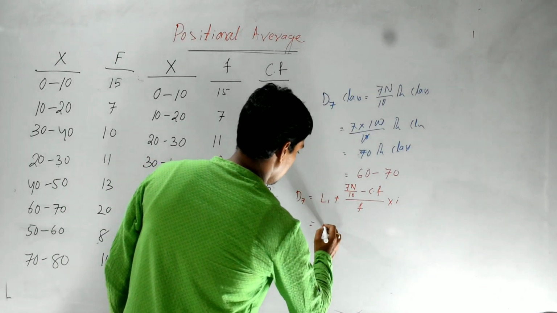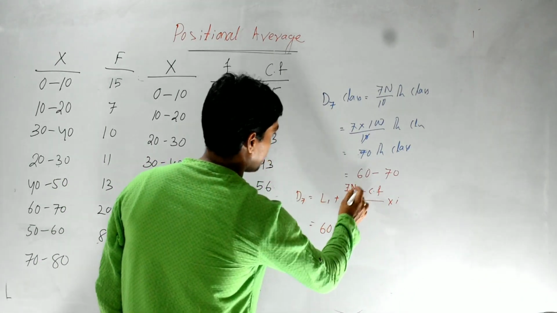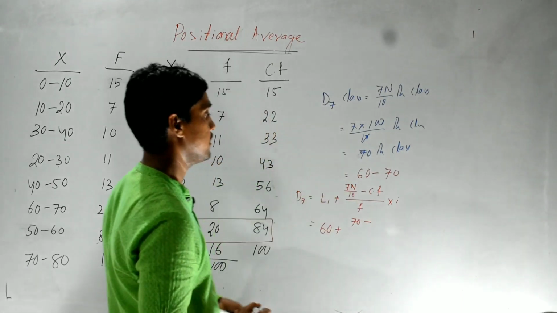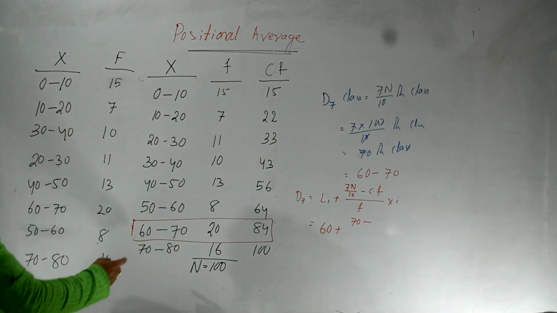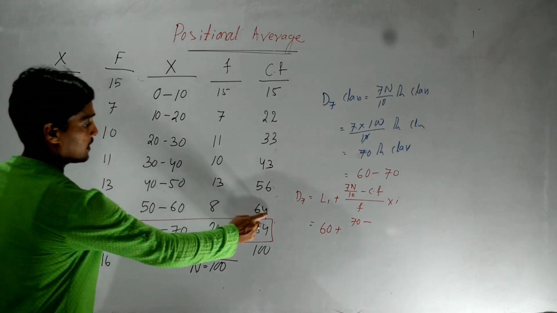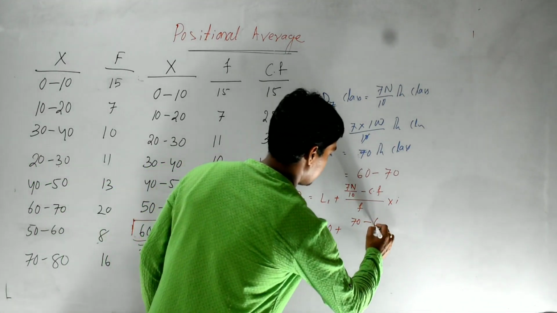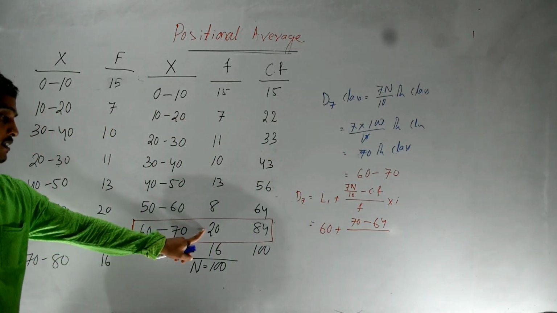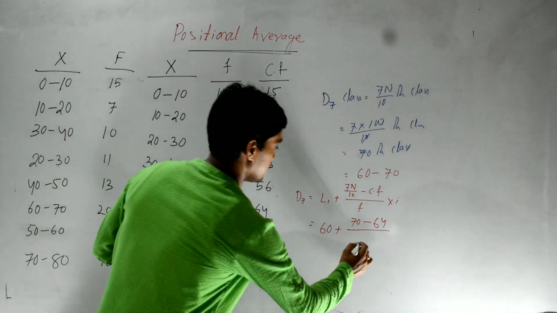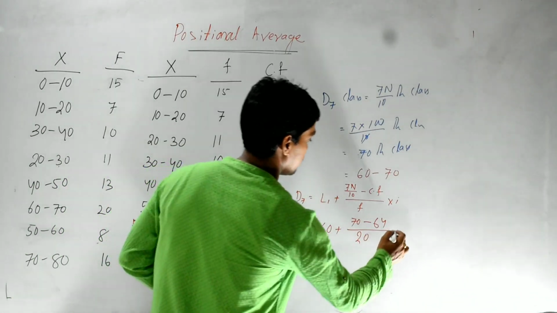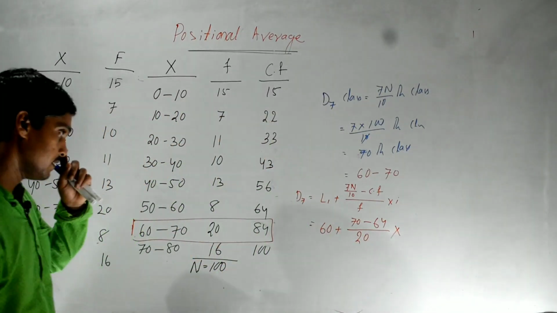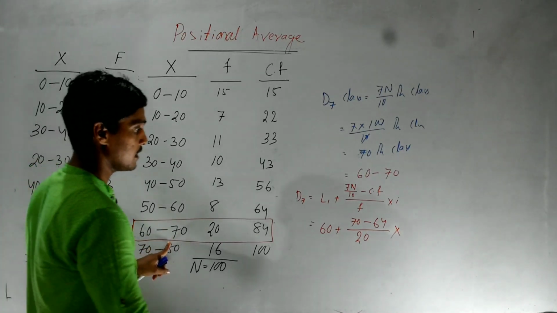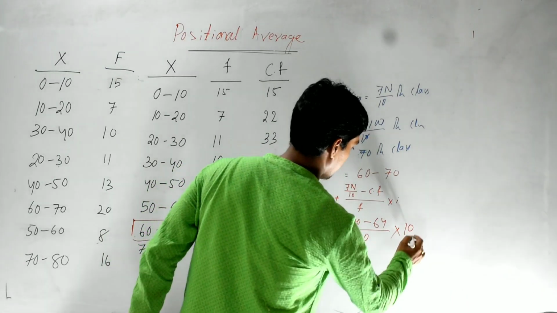Here L1 is 60, plus 7n by 10 is 70, minus CF, preceding the decile class, that is 64, divided by F, the frequency of the decile class, that is 20, into i, the class interval, which is 10.